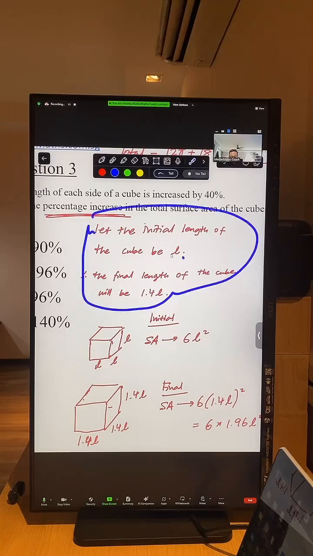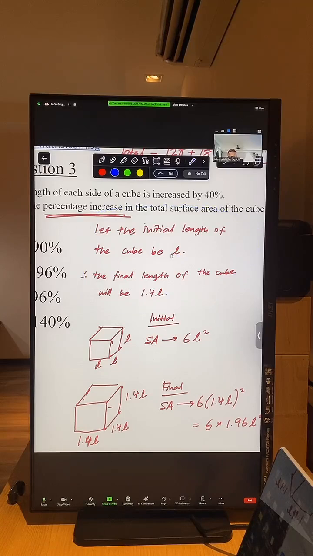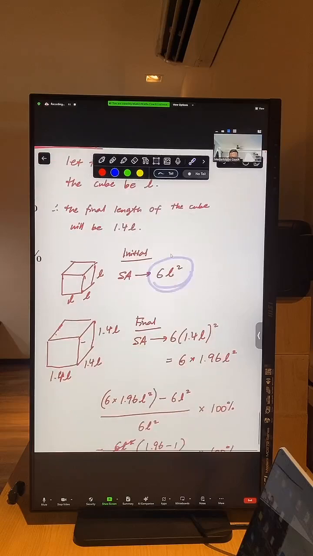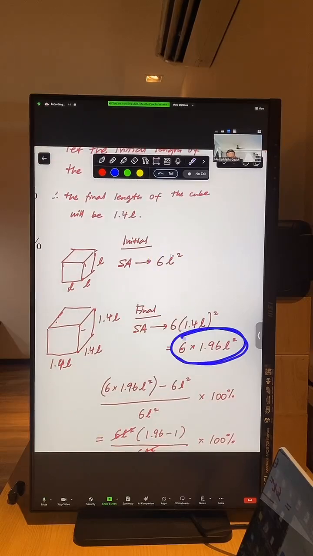After you do this, then you ask yourself, okay, what's the initial surface area? Initial surface area will be this. Final surface area will be this. Can I take the 6 times the 1.96? I can, but I decided not to.